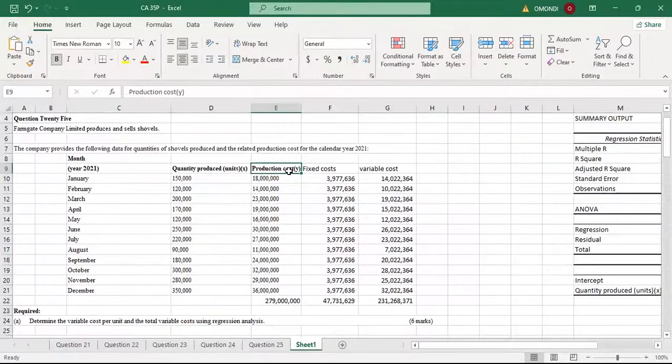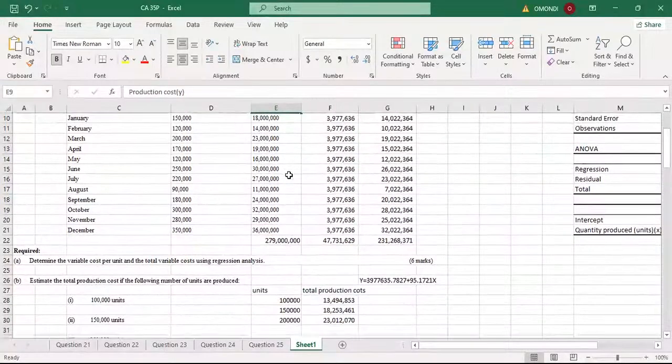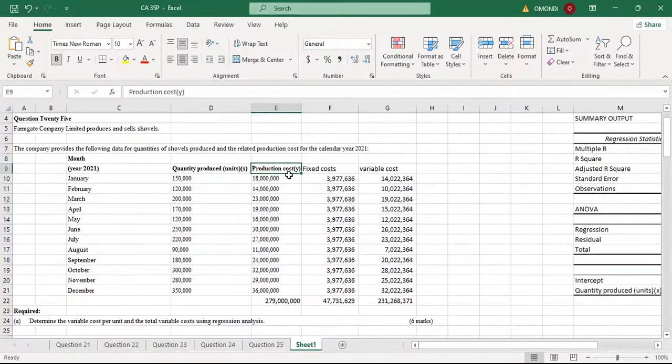But we are able to come up with the predicted y. How are we going to come up with the predicted y? What we need is these quantities to come up with the predicted and actual.